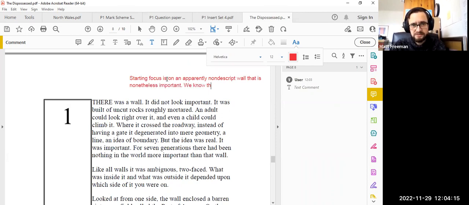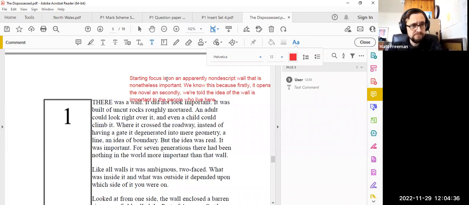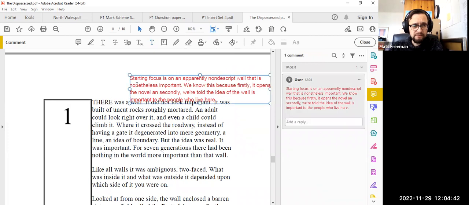We know this because, firstly, it opens the novel. And secondly, we're told the idea of the wall is important to the people who live here. So thinking here about environment, this is mostly environment, really.